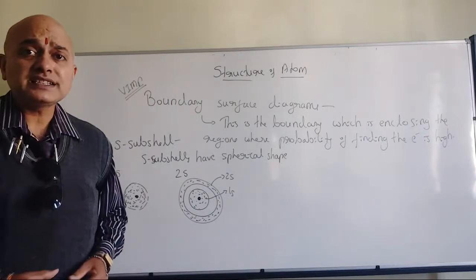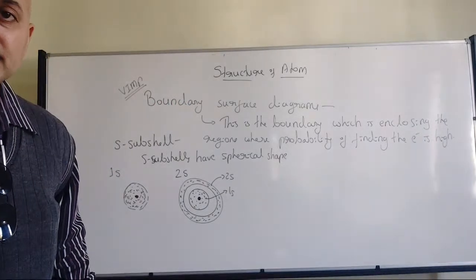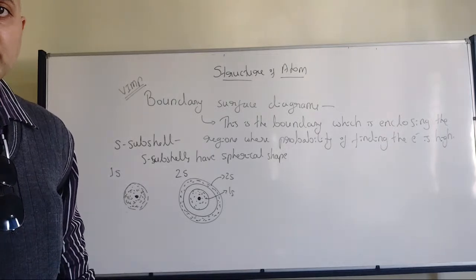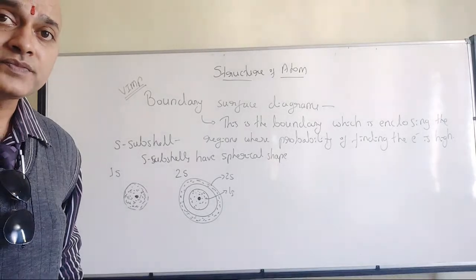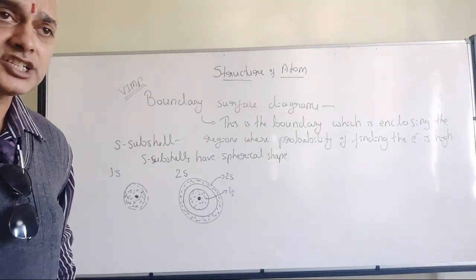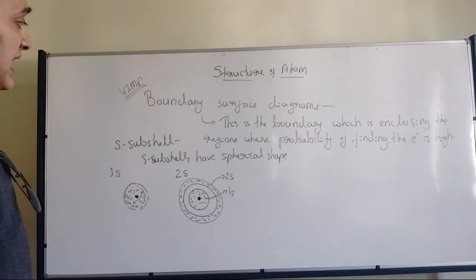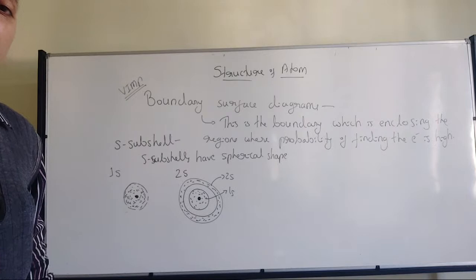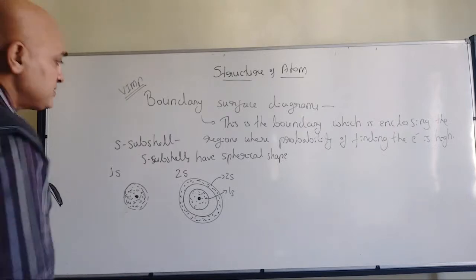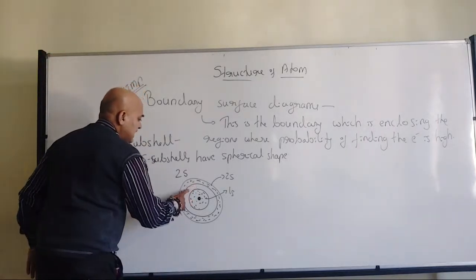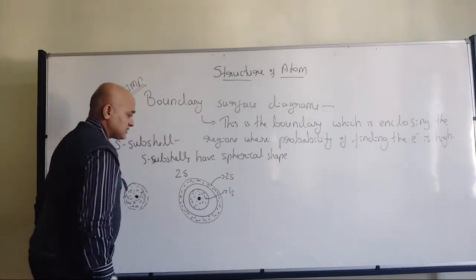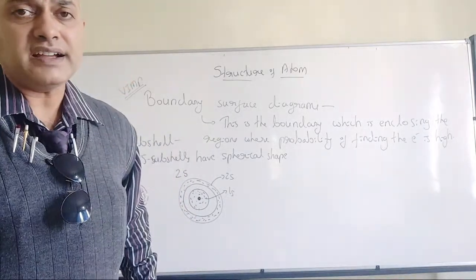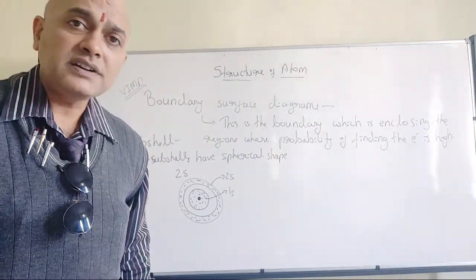So 2s will be larger compared to 1s. All of you have understood? So that's where we have the S subshell, 1s, 2s. If I move to 3s, it will be much larger. Don't worry, what are these empty regions? We are going to discuss that, but first we are going to talk about boundary surface diagrams. All of you have understood?